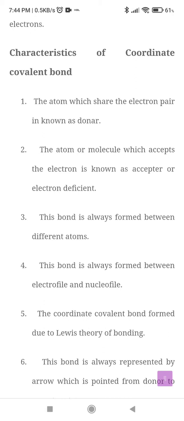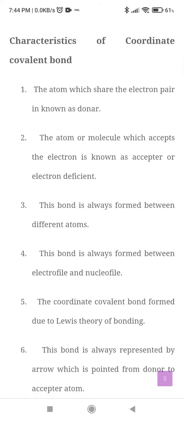First, the atom which shares the electron pair is known as the donor. The atom or molecule which accepts or receives the electron pair from the donor is known as the acceptor or electron deficient. This bond is always formed between different atoms. This bond cannot form between the same atom.